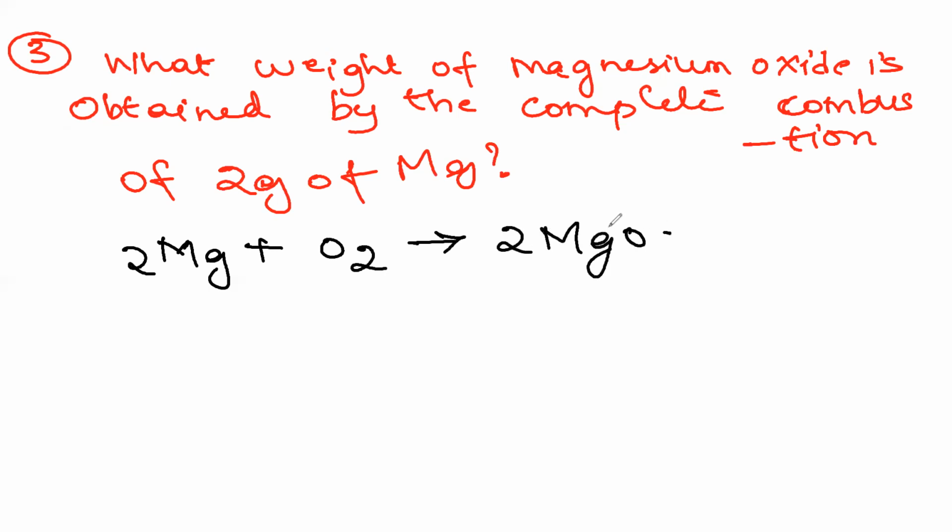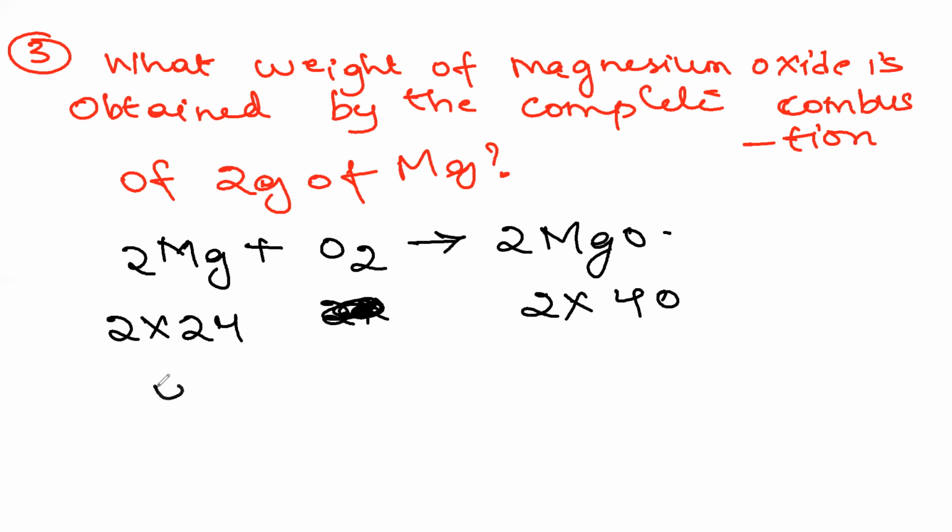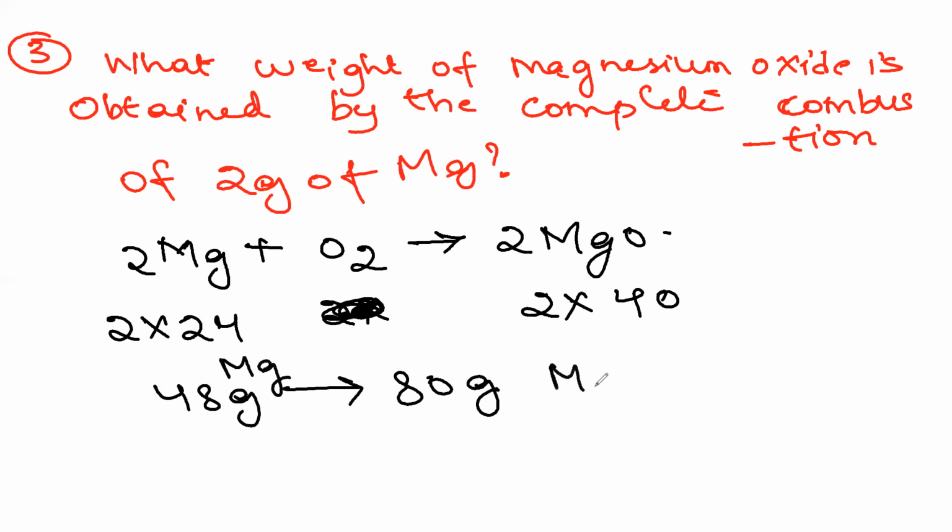We know the magnesium weight is 24, so 2 into 24 gives 2 into magnesium oxide weight, which is 24 plus 16, 40. So 2 into 40 grams. Now, 48 grams of magnesium gives 80 grams of magnesium oxide.